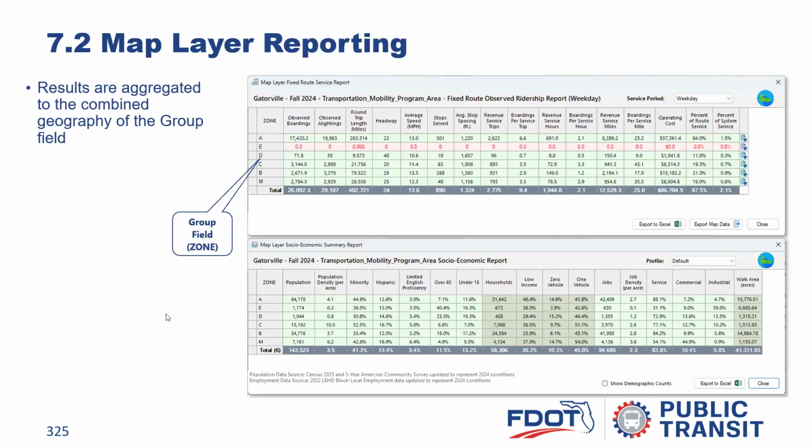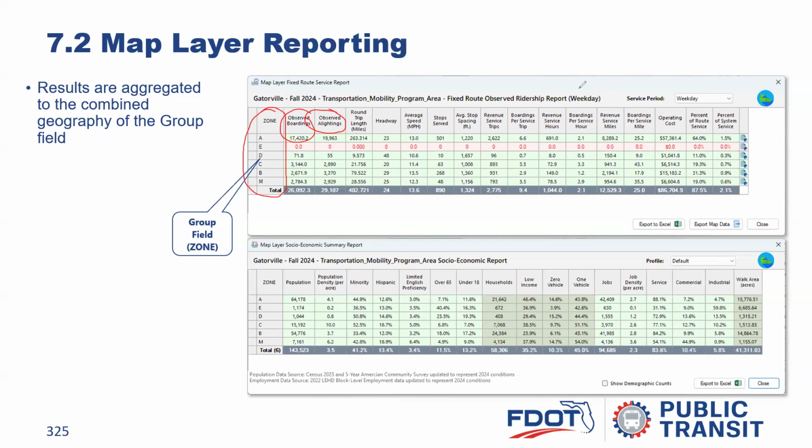All right, so here is the result of our transportation mobility program area map layer service assessment. So this is the observed boardings in each of the zones. So here is our zone. So the values that came out of that map layer were A, E, D, C, B, and M, right? So we have observed boardings, observed alightings within each one of those zones, the headways, the speeds, the stops served, all of our performance metrics.